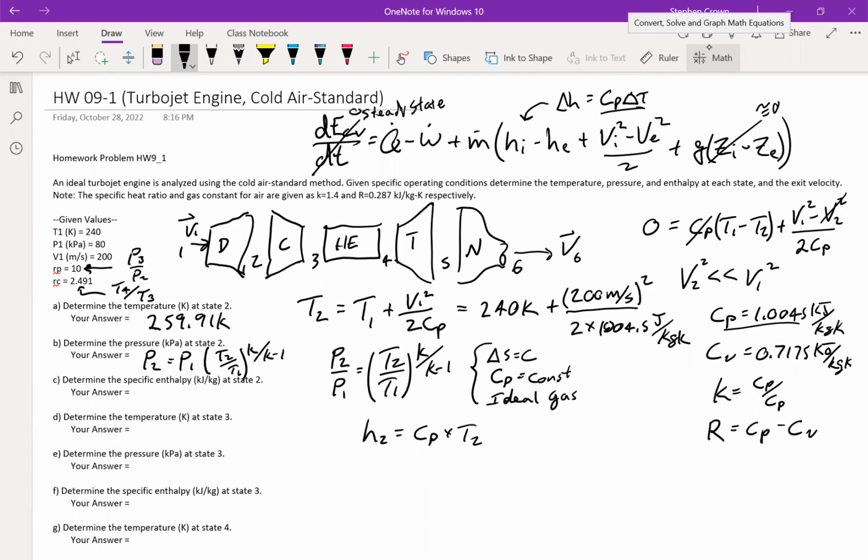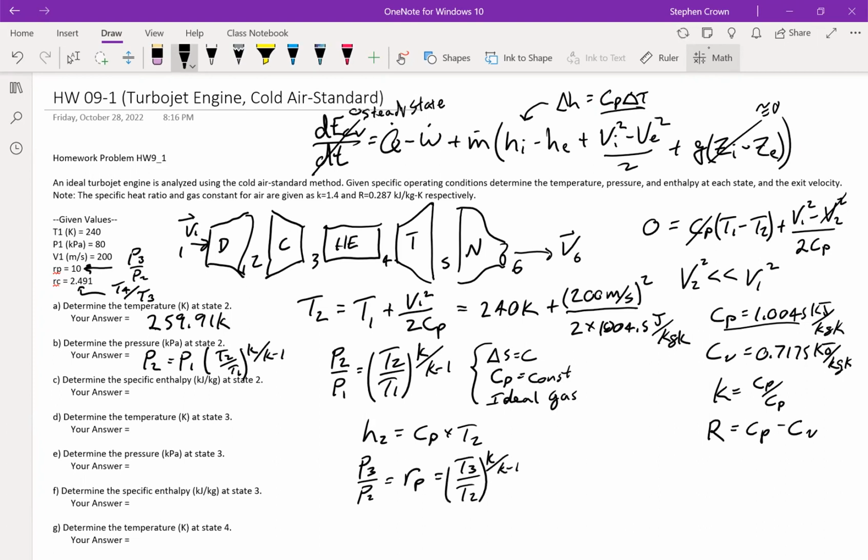So we have that P3 over P2 equals Rp. That is equal to T3 over T2 to the K over K minus 1.